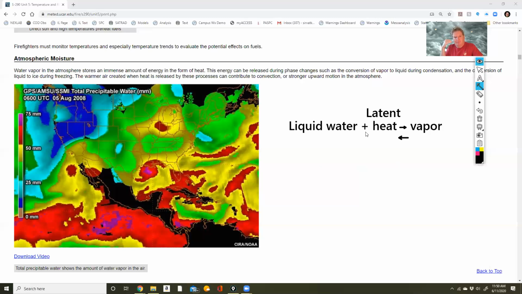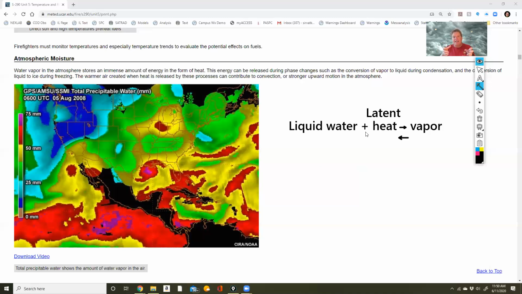I take a box of air, I lift it. First thing that happens, the pressure goes down, the box expands, the air cools, dry adiabatically, 10 degrees Celsius per kilometer. Eventually, I reach LCL, I reach saturation, clouds form. If I lift air high enough, clouds will eventually form.